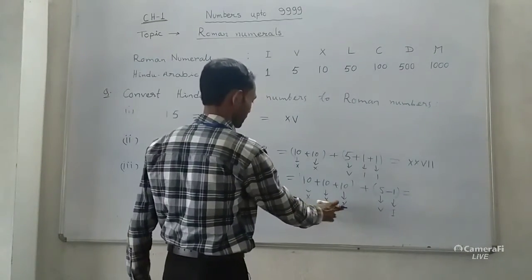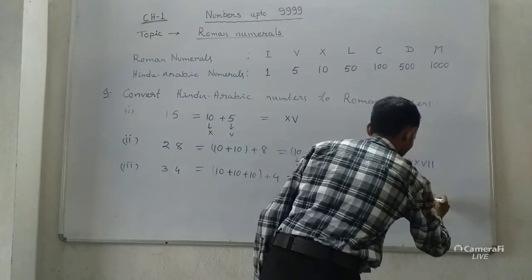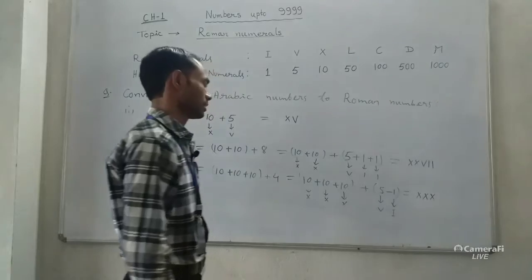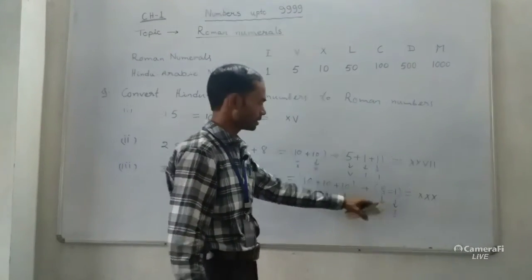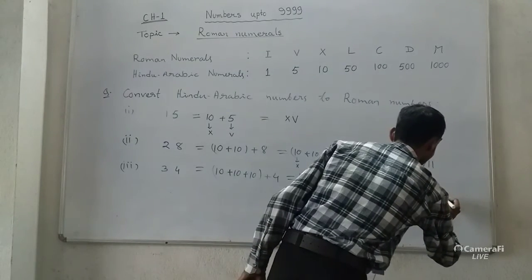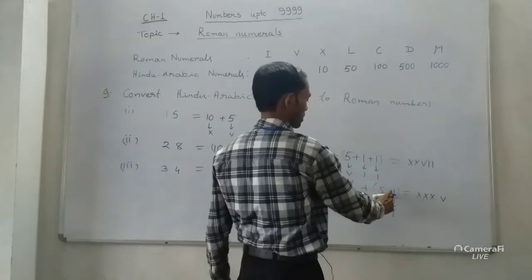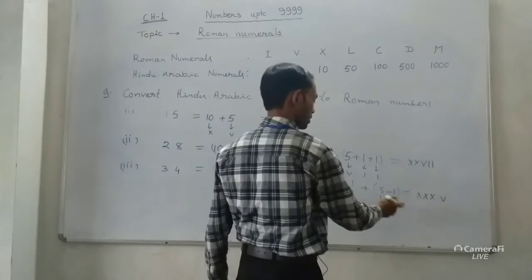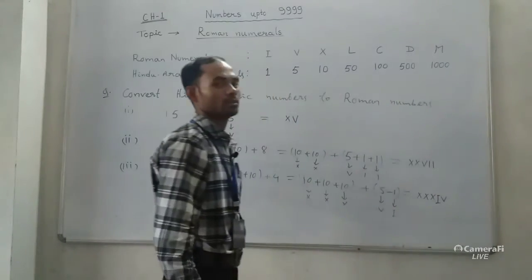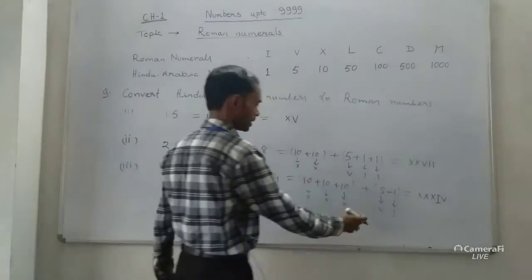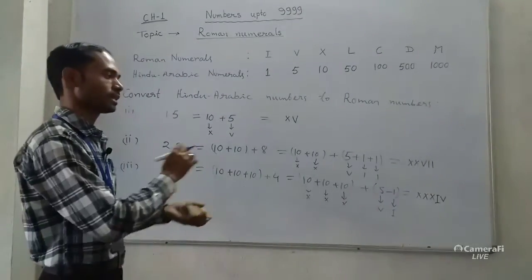First take X, X, X, one after another successively, 3 X to add and get 30. Then plus 5 means on the right side there will be V, but minus 1. So minus 1 from 5. So I will come before V so that it becomes subtracted from 5. So I should be on the left side of V.